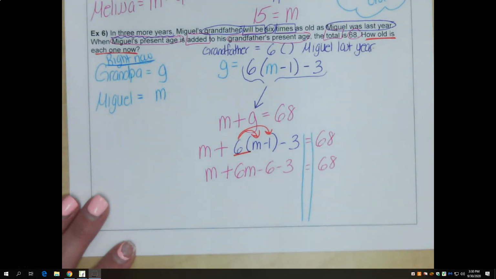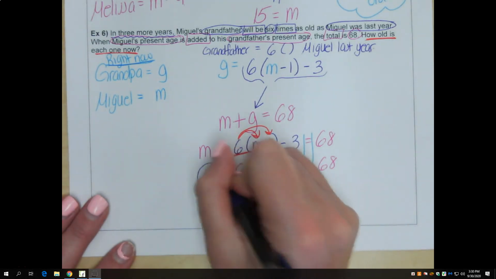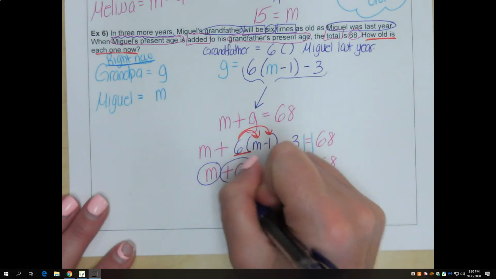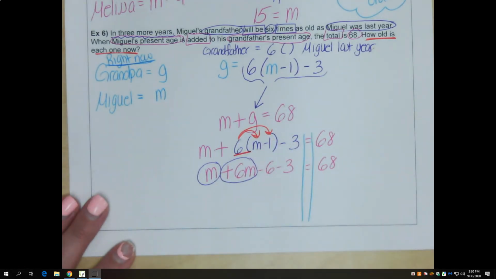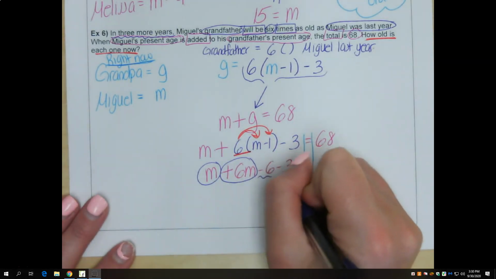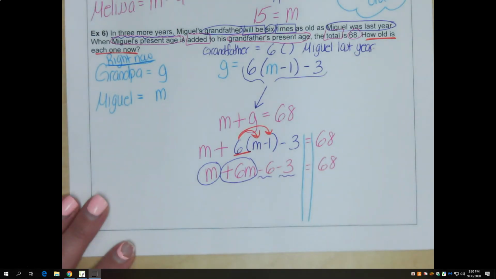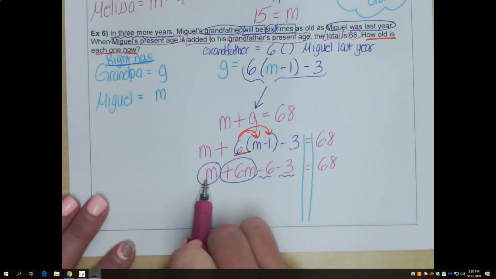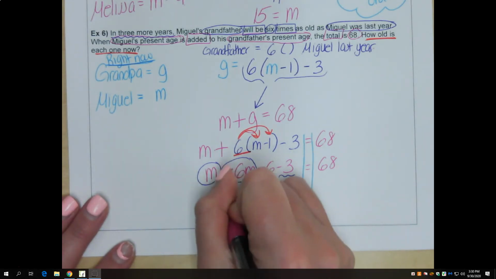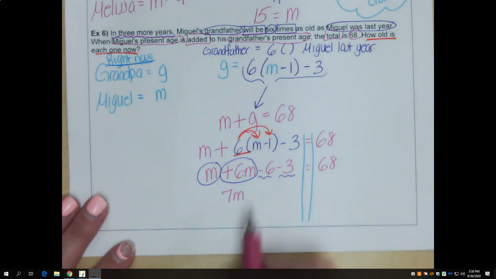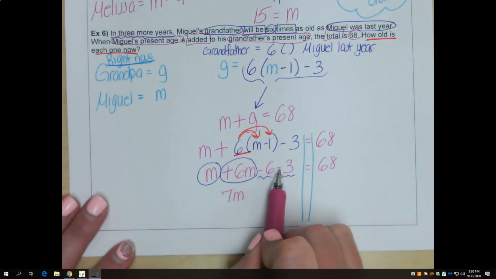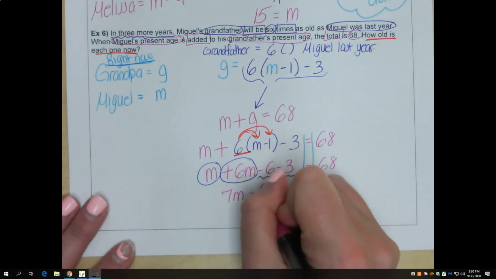Now that I got rid of my parentheses, I'm going to look for like terms. I have a 1M in the front, a positive 6M coming next, and then I have a negative 6 and a negative 3. All right, those are like terms, they're numbers. I can always combine those together. 1M plus 6M is 7M. Negative 6 minus 3 is negative 9.